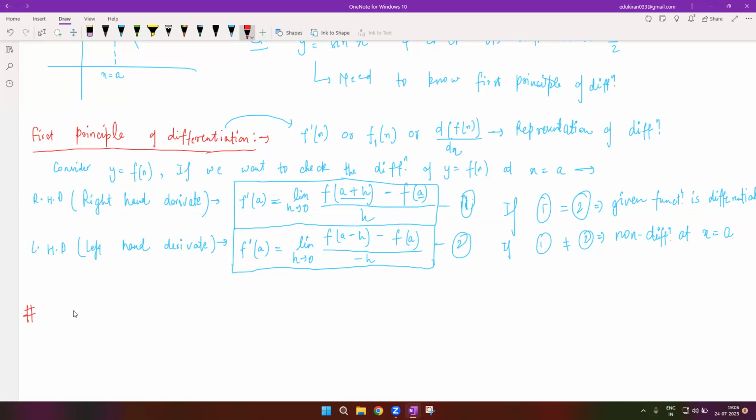First, the graph must be continuous at that point. Okay. So I'm only writing the conditions of non-differentiability using a graph.